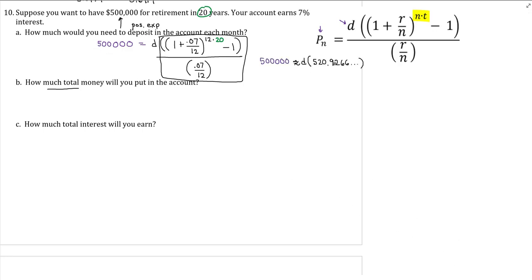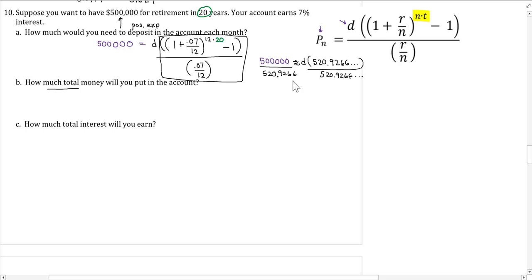I get approximately 520.9 on the right-hand side multiplied by D, and so I'm going to divide both sides by that answer. As I mentioned before, never retype this number, but make sure you keep it in your calculator so that it is as accurate as possible.